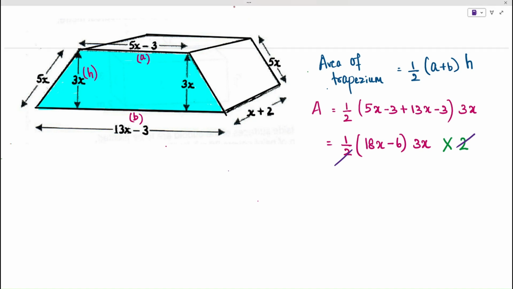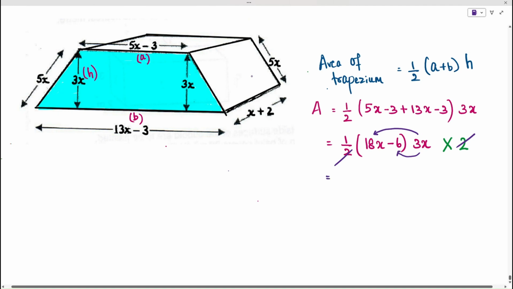Now we can multiply into our brackets and expand this. So we get 3x times 18x and then 3x times minus 6. This is equal to 54x squared minus 18x. We will label this set of area as D.